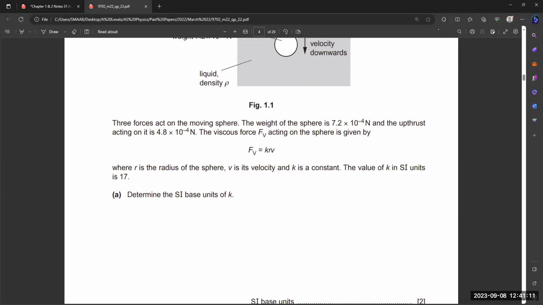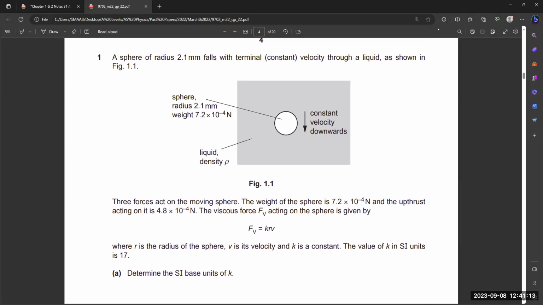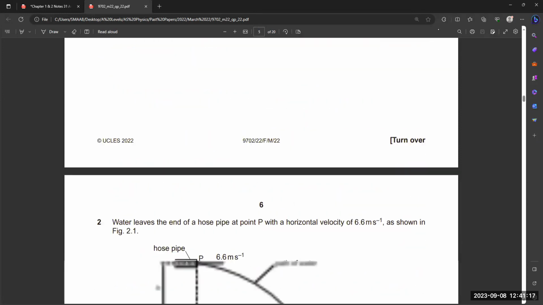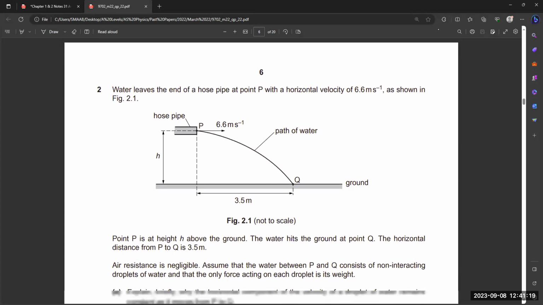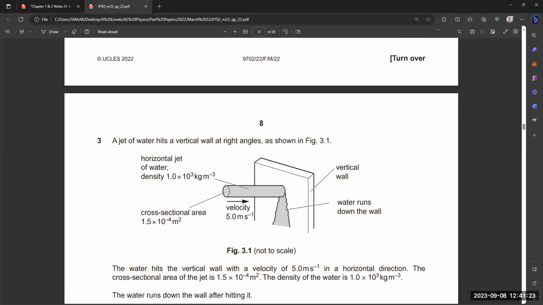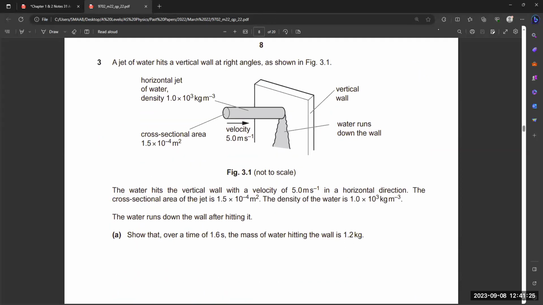Okay, so from this paper, we solve question number one, that is from chapter number one. We also solve question number two, that is from kinematics. Now this question number three is a combined concept from dynamics, density and work done.